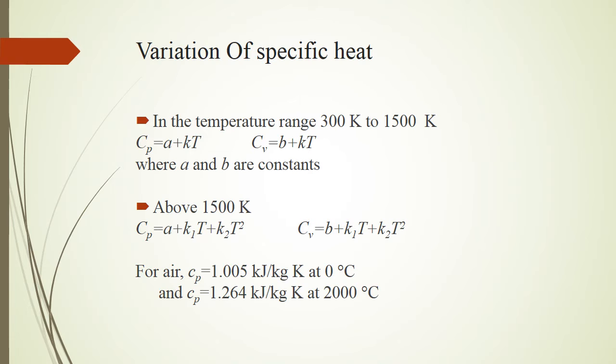That is Cp is equal to A plus KT and Cv is equal to B plus KT, and R, the value of the gas constant, which is equal to Cp minus Cv, will be equal to A minus B.